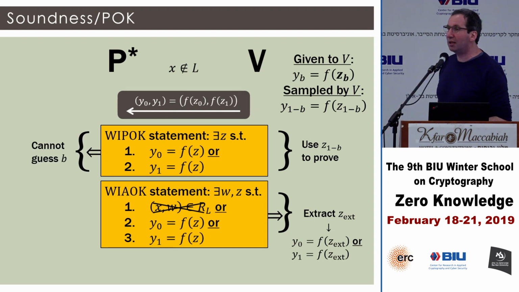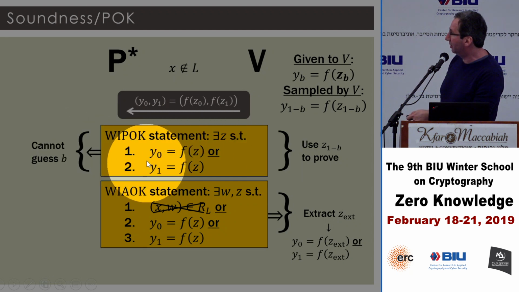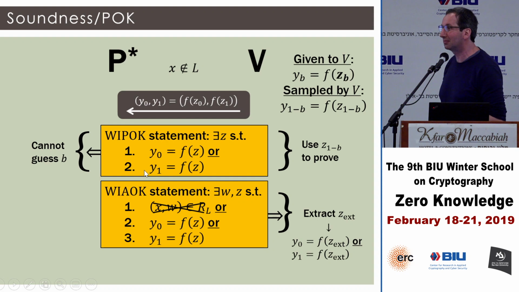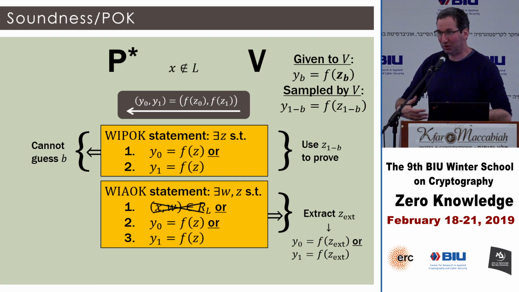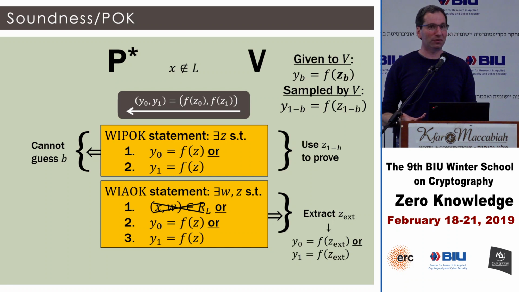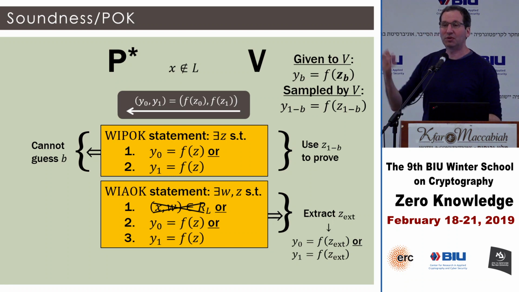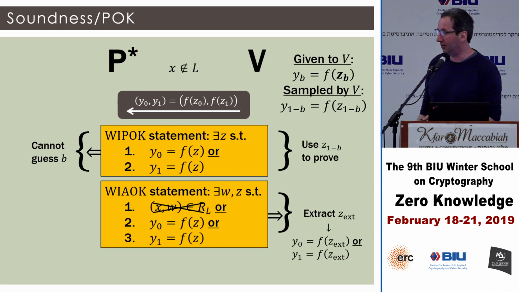And what we want to claim is that since this protocol is witness indistinguishable, an efficient prover cannot guess which one we don't know, cannot guess B. Okay, so if he could guess B with some noticeable advantage over 1/2, we could use him to break the witness indistinguishability of the first protocol.